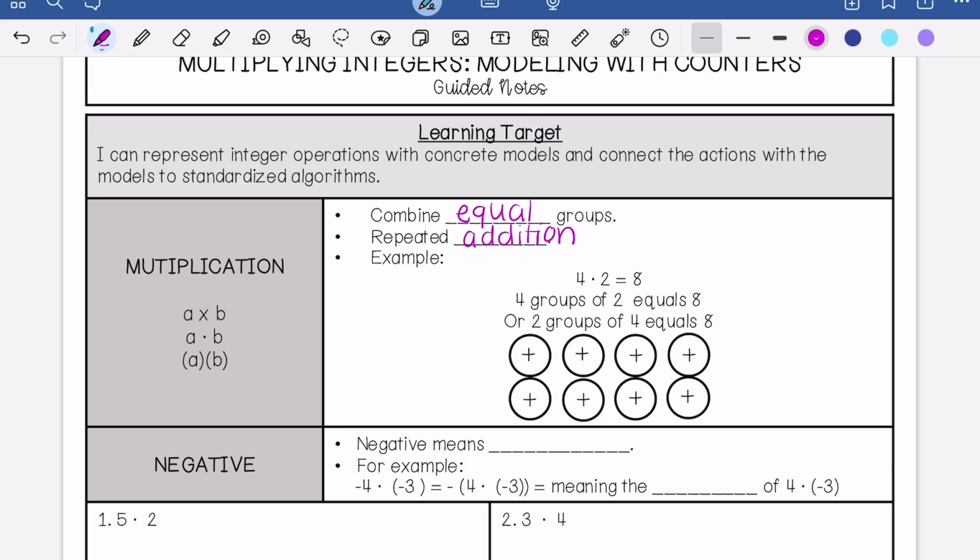And that's how I would model it with positive counters. Negative means opposite. For example, -4 times -3 is equivalent to the opposite of 4 times -3.